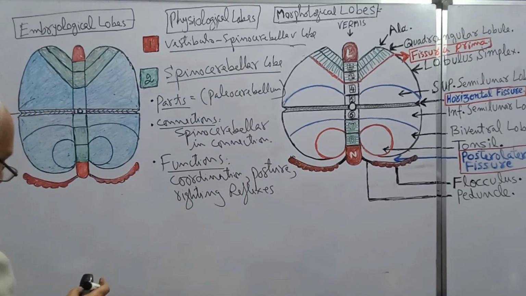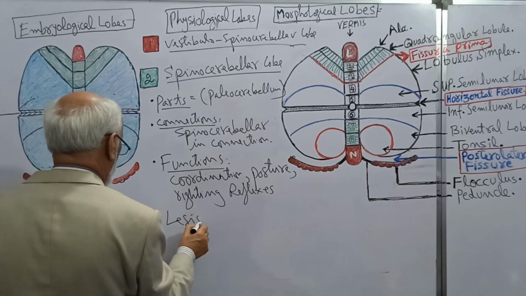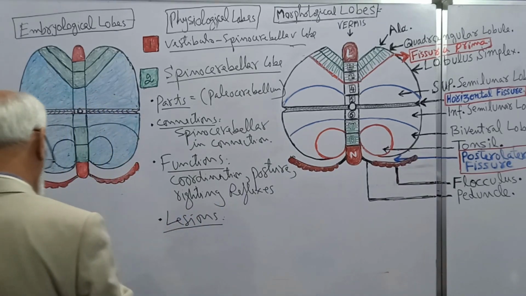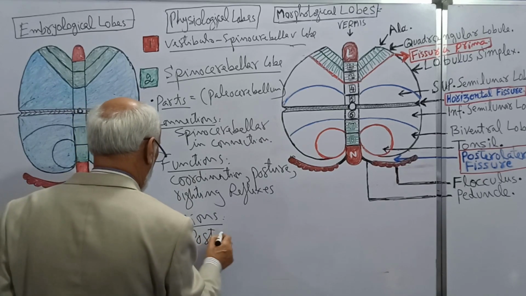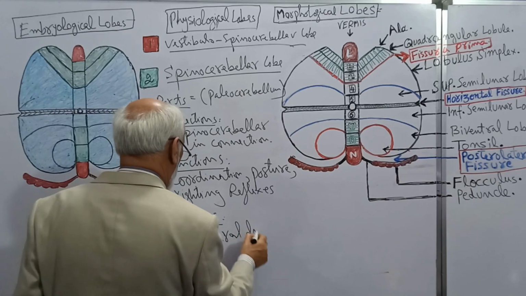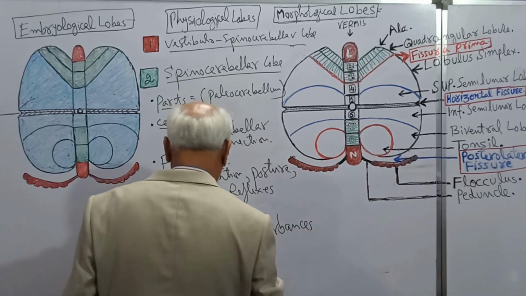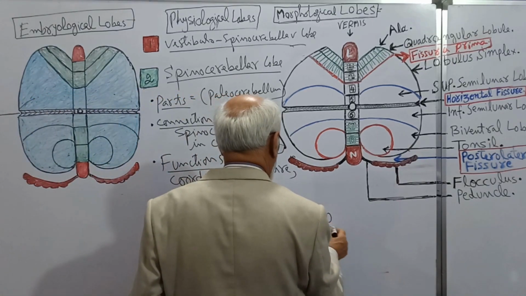These are the functions of this second physiological lobe. Now, what will be the effects of lesions of this physiological lobe? There will be postural disturbances and the reflexes will be exaggerated.